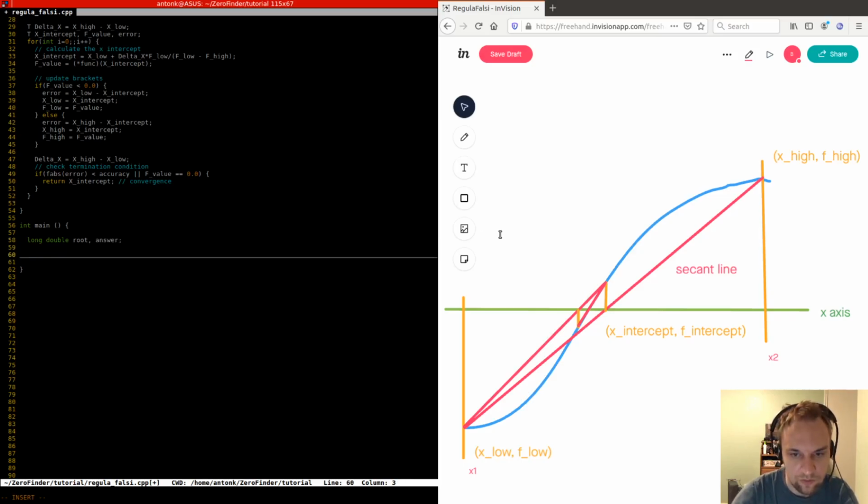Okay, so root is going to be Regula Falsi long double sine. So this is basically the sine for long doubles, and we're going to evaluate it at x1 equals 2 and x2 equals 4. And the accuracy is going to be 1e-10.